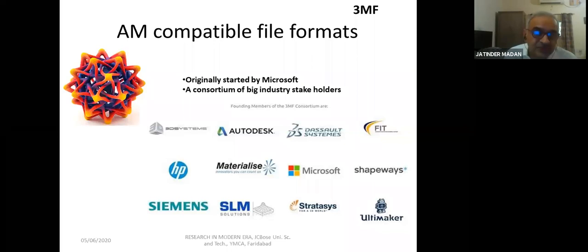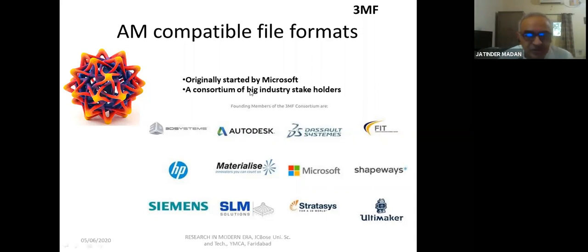Okay, so it was originally started by Microsoft as proprietary software. Now they made it open source and made it a consortium, so that other companies can join, pool their resources, and it gives it more acceptability.